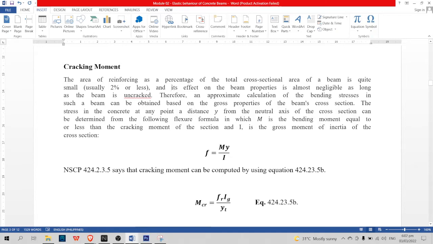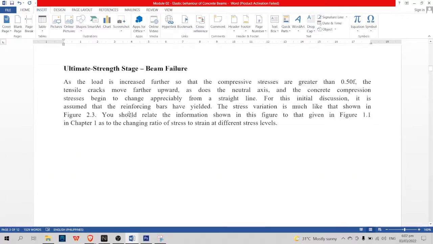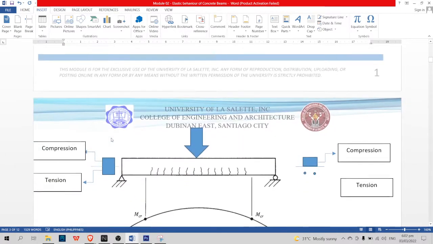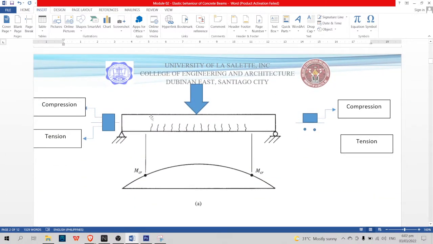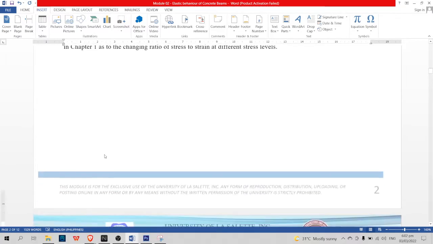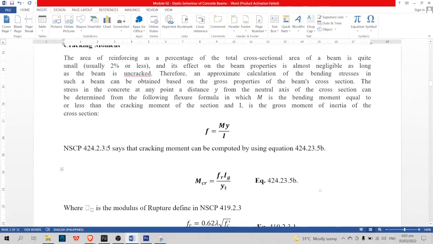So, ngayon, and its effect on the beam property is also negligible as long as the beam is uncracked. So, yun yung sinasabi ko kanina. Kaya doon sa unang stage, yung beam in small loads, in small forces applied, the beam is carrying the compression and tension in flexural.